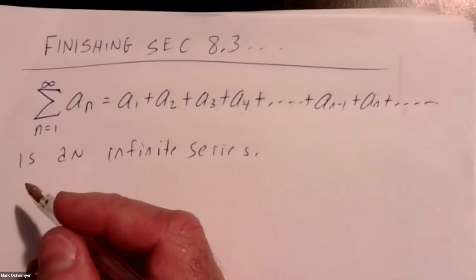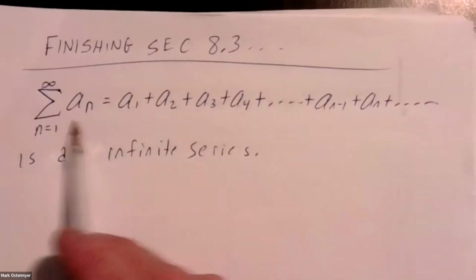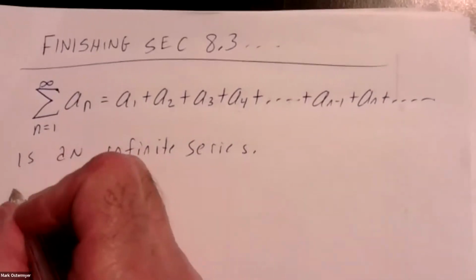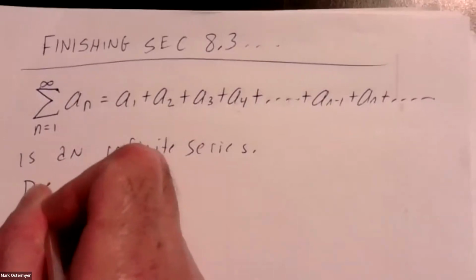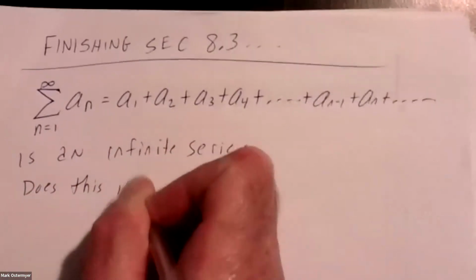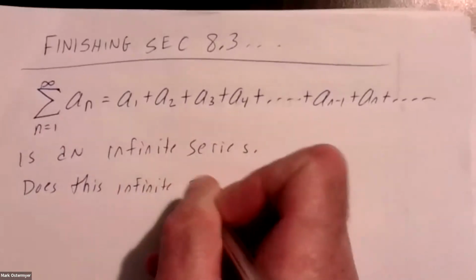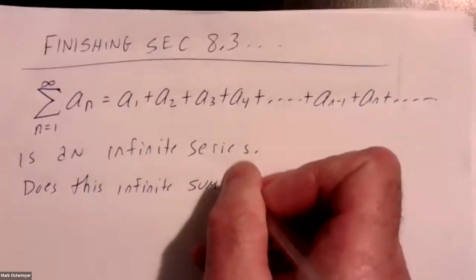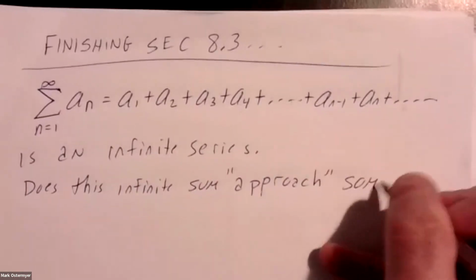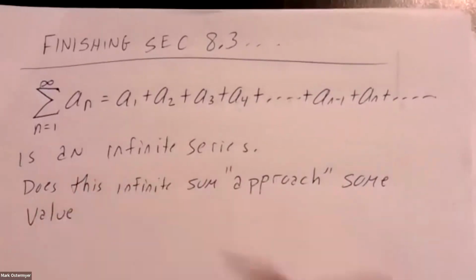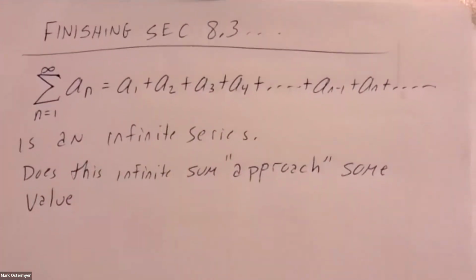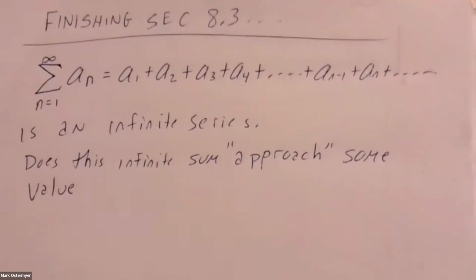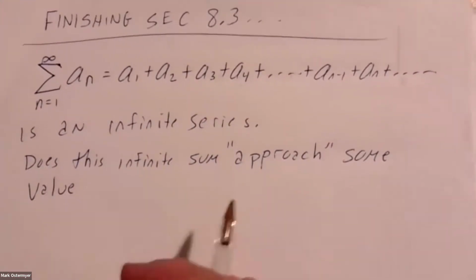Well, we have to ask ourselves if this infinite sum approaches some value. And this word approach is also used as you begin to study the limit in your first semester of calculus. So does this infinite sum actually approach some value?